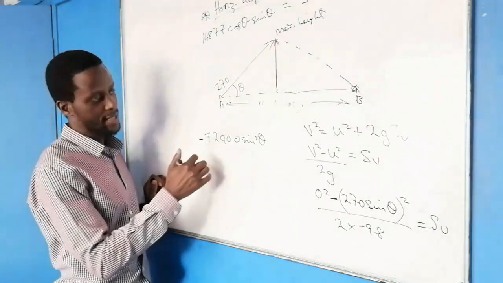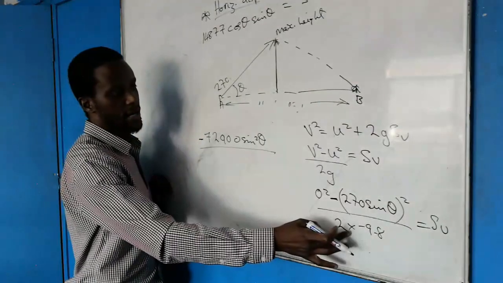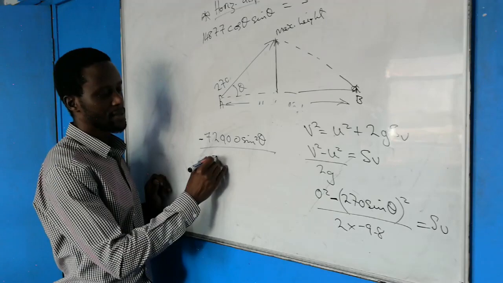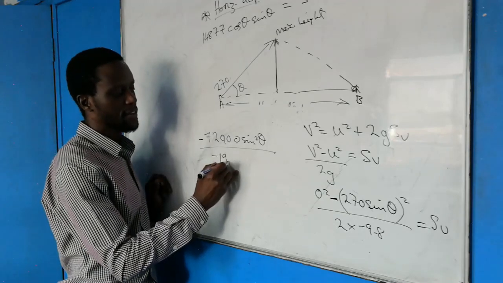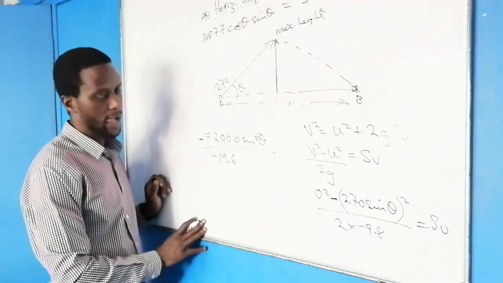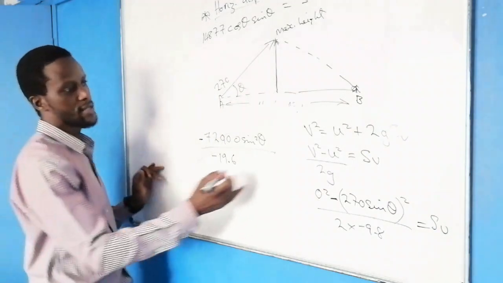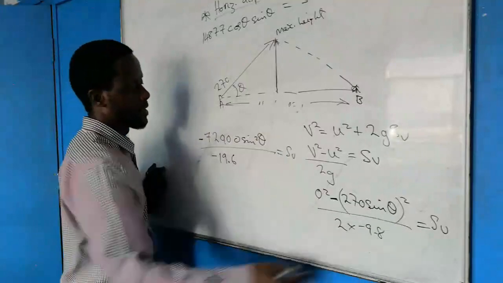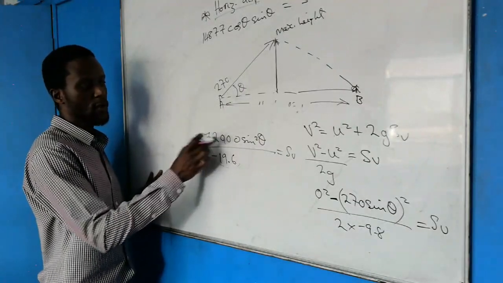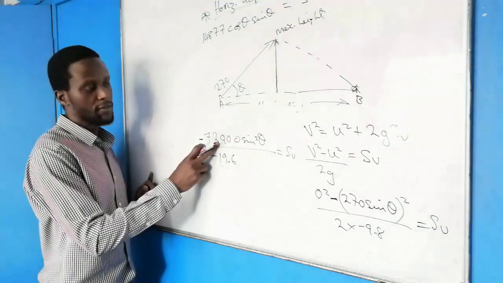You do not square the negative, or else it will give you a positive number. 2 times negative 9.8 is negative 19.6. So 72900 over negative 19.6 is equal to SV.